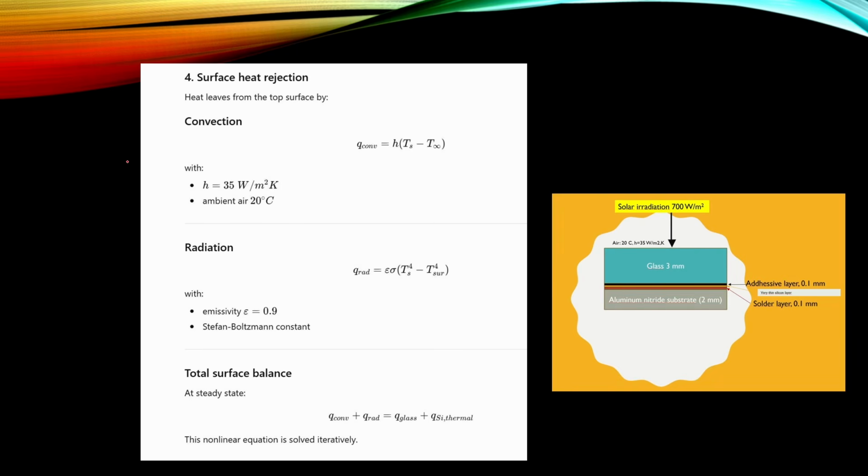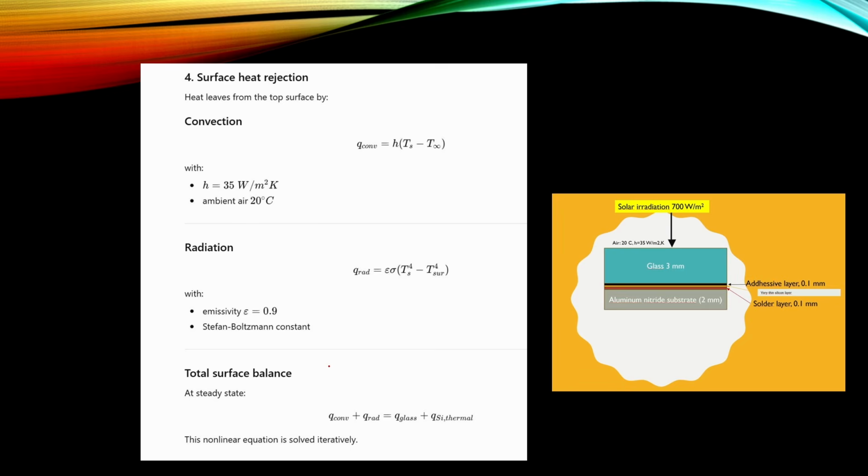When we are calculating heat balance of this glass layer, we need to take into account this convection. We have convection coefficient 35 watts per square meter Kelvin. We have surface temperature, and we have temperature of environment. But we have also radiation from this surface, and that's dependent on surface temperature and environment temperature.